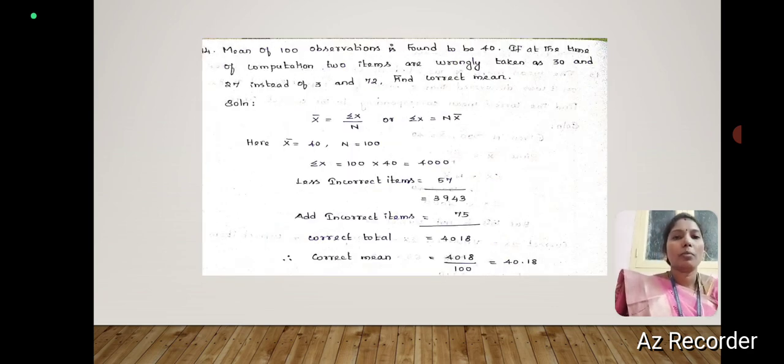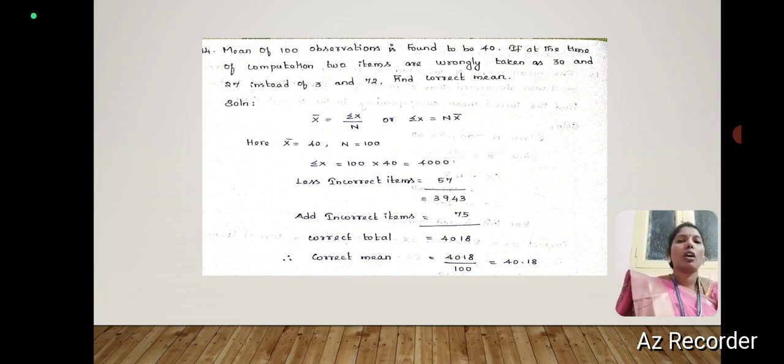And the next problem is the same as the previous problem. The problem is: mean of 100 observations is found to be 40. If at the time of computation 2 items are wrongly taken as 30 and 27 instead of 3 and 72, find the correct mean. Here always two values are given, one is x bar and another one is n. X bar equal to 40 and n equal to 100.